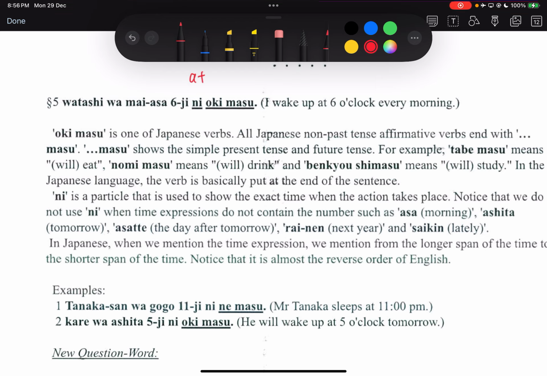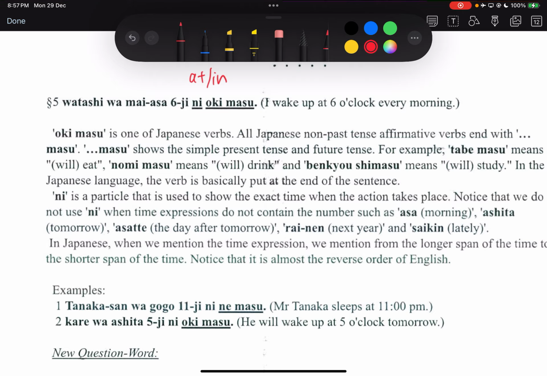But however, we do not use it for time words like at today or at tomorrow. You can say at 3 o'clock, at 4 o'clock, in March, in June. So it can be in or at, depending on whether it's month or time. But we do not use it for like in today or at next week.